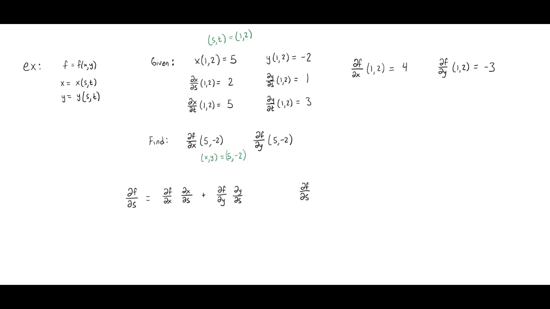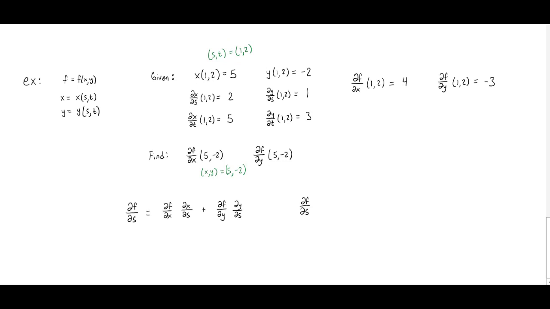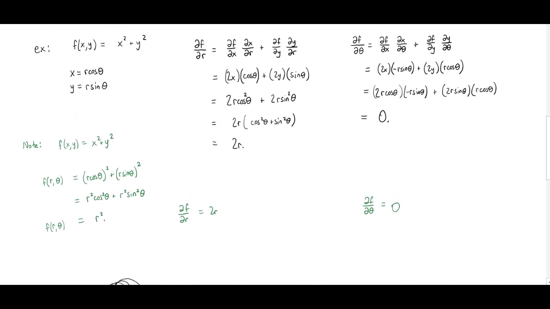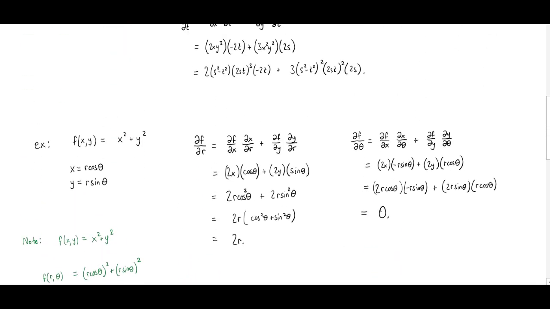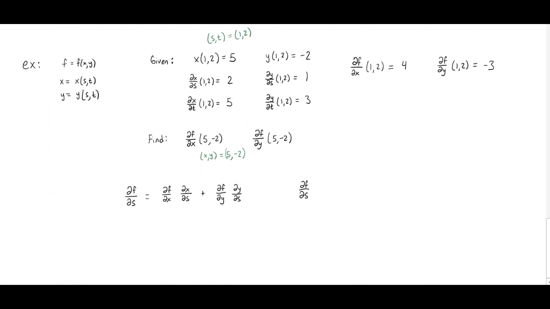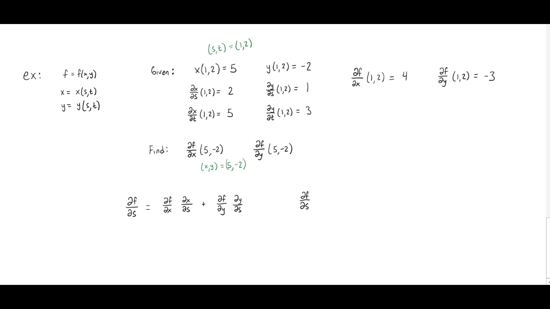The 1, 2 is referencing s and t, but down here, this 5, negative 2 is referencing x and y as opposed to s and t, okay? Does that make sense to you guys, what I'm trying to say? Similar to when we did the partial with respect to x, it was in terms of x, not in terms of s and t. Okay, so then let's see how this problem will work.